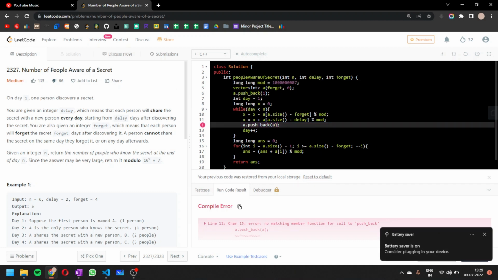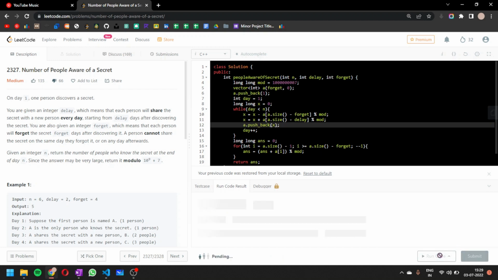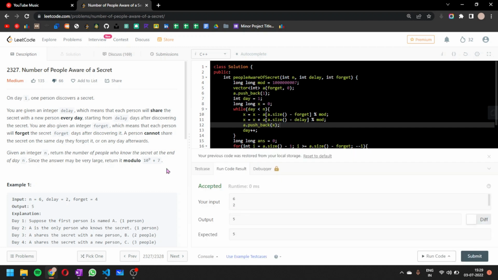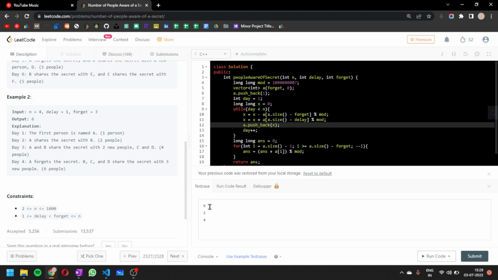We're not going to push back a, we're going to push back x. My bad, we are going to push back x. Yeah, so you can see that this code is running fine, and if we try to change our test case as 413, again it is going to run fine, but it will cause us trouble in another test case.